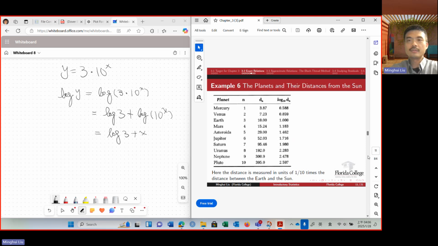Let's look at this example of the planets and their distance from the sun. Of course, when we measure distances in the universe, you have to choose the unit carefully. If you use miles, the number is going to be huge. So in this particular example, we'll use a unit of 1/10 times the distance between the Earth and the Sun.